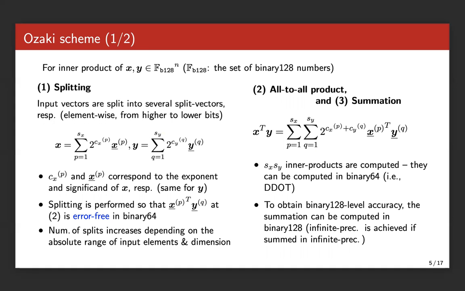And finally, we compute the summation of them. If you want to obtain binary128-level accuracy, this summation can be computed with binary128. But if the summation is computed with infinite precision, you can get the infinite precision result because the inner product computations are error-free.